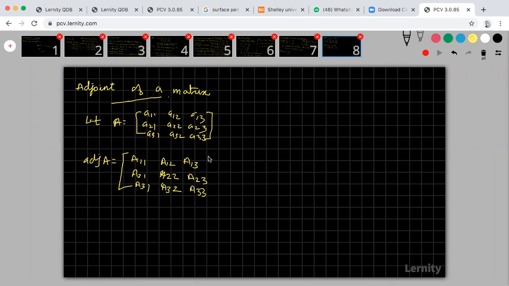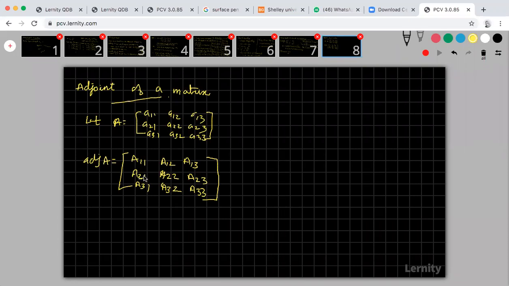All are capital A here, meaning cofactors. Another important point, after writing all the cofactors of the corresponding elements, look at that. I am writing the cofactor of this element here, the cofactor of this element, and so on. That means write all the cofactors.